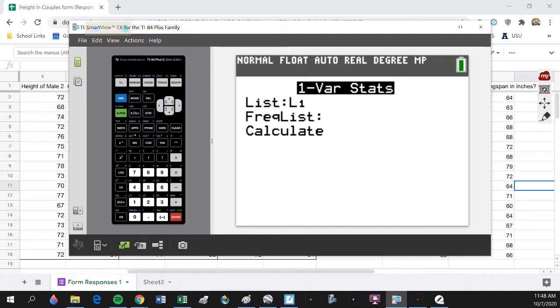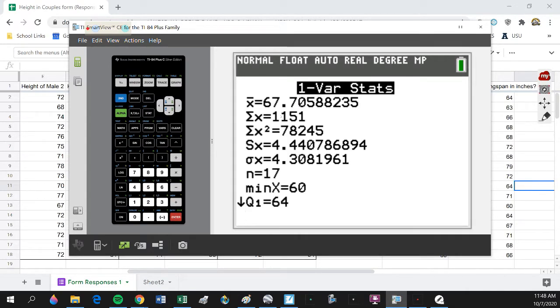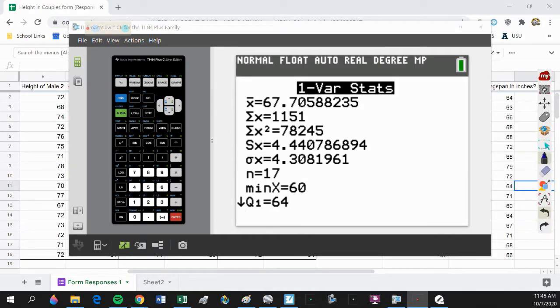We do one variable stat, and the average wingspan is 67.7 with the standard deviation of 4.3. So my point of averages is 67.7, 67.7.